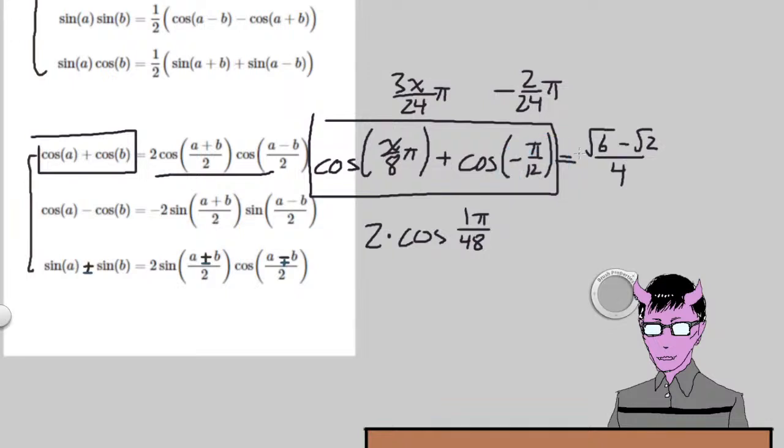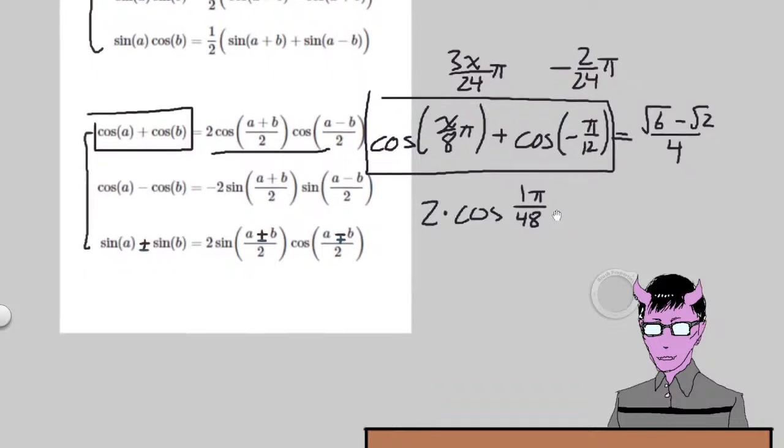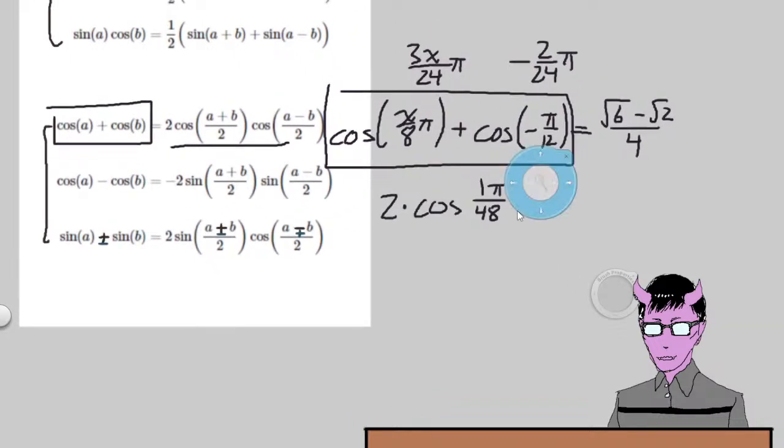We have 8. Yeah, that's copied correctly. Where do things go wrong? Okay, well.